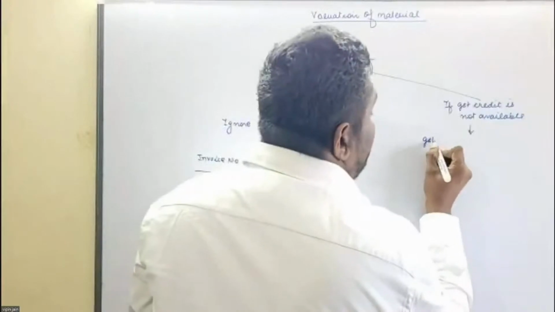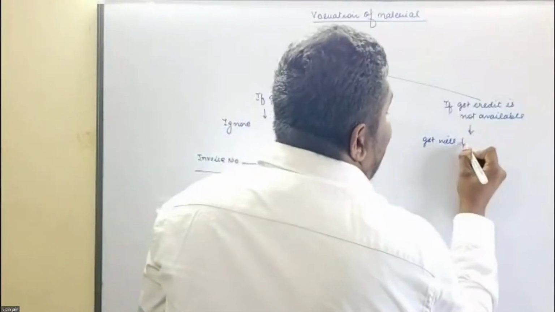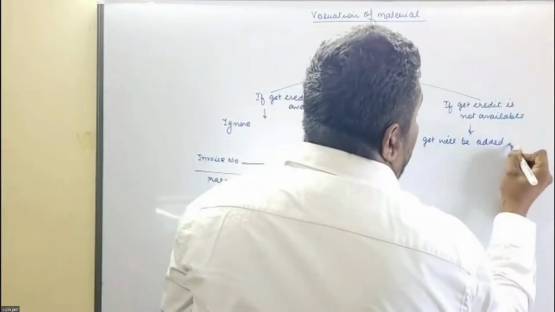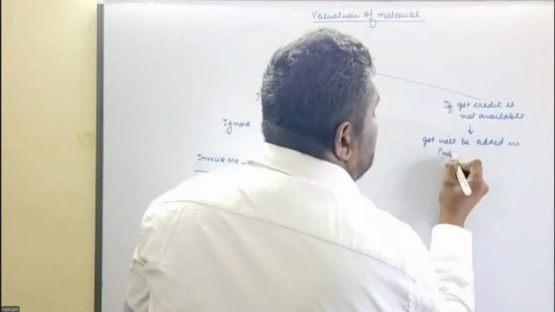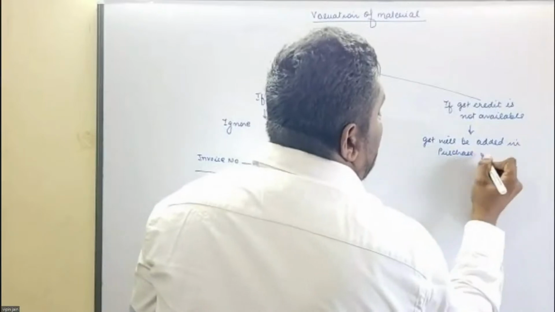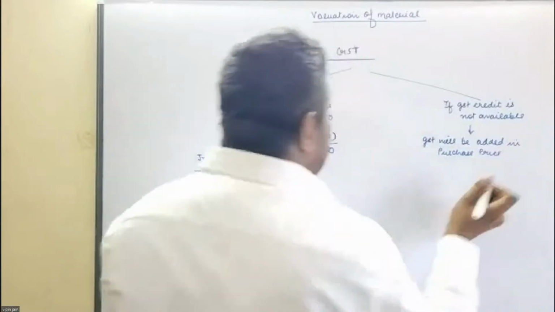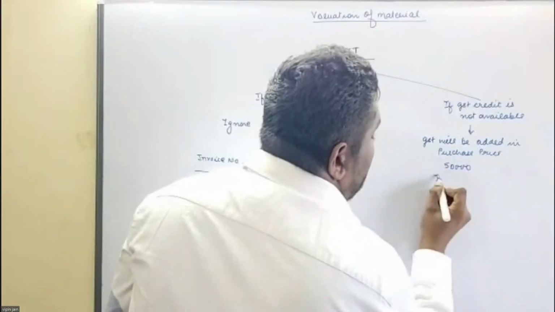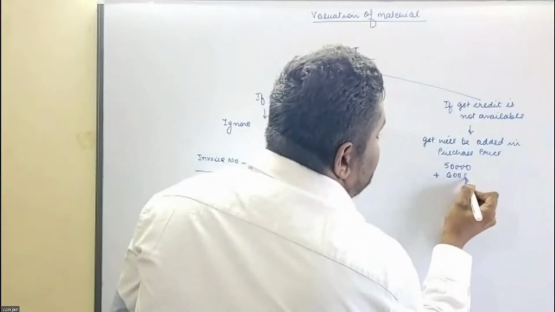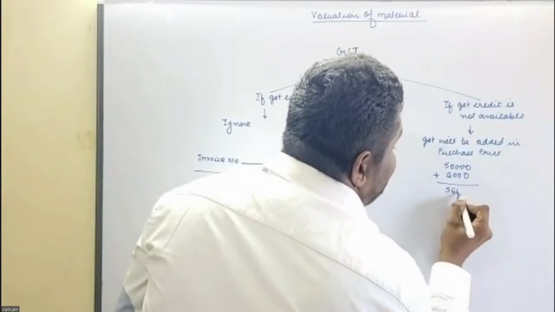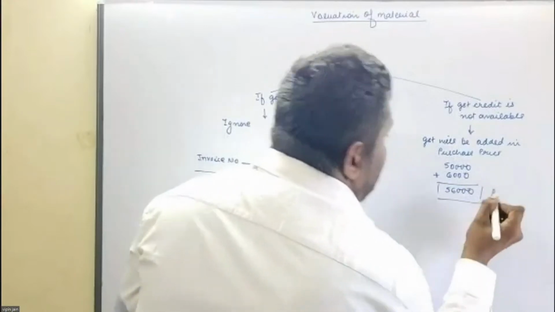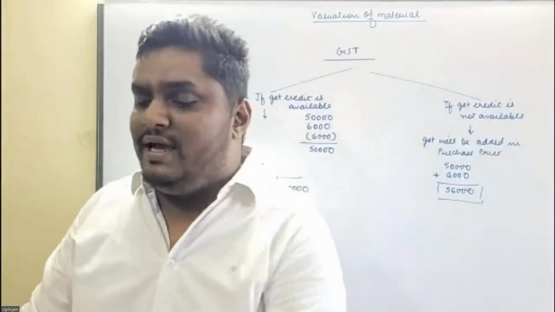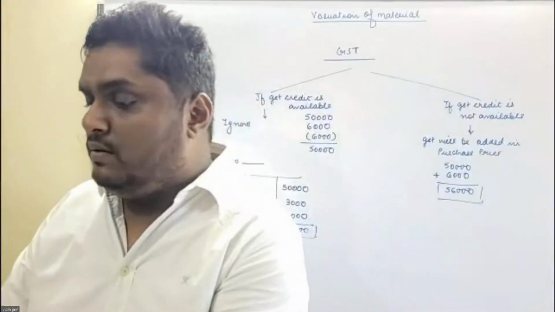So GST will be added in purchase price. So here in this case, 50,000 plus 6,000, total 56,000 will be the value of inventory. If you guys have any doubts in this part, you can ask me, waiting for your queries.